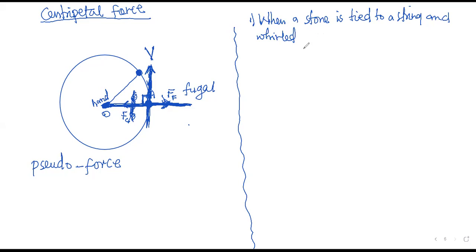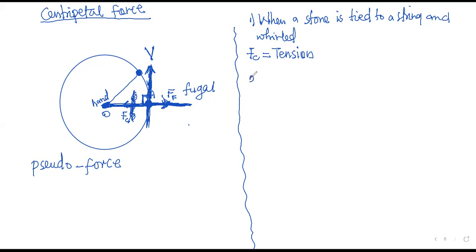Look at what provides the centripetal force. In this case, the centripetal force is provided by the tension in the rope. So it is the tension that is providing the centripetal force.